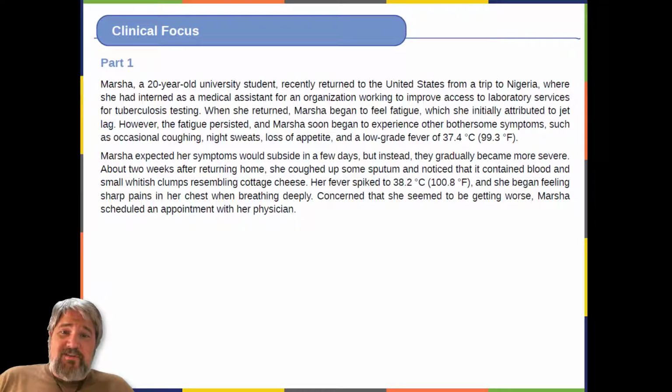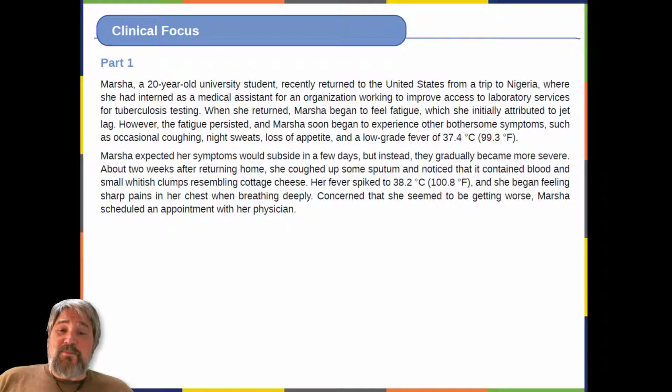However, the fatigue persisted, and Marcia soon began to experience other bothersome symptoms such as occasional coughing, night sweats, loss of appetite, and a low-grade fever of 37.4 degrees Celsius, which is about 99.3 degrees Fahrenheit.